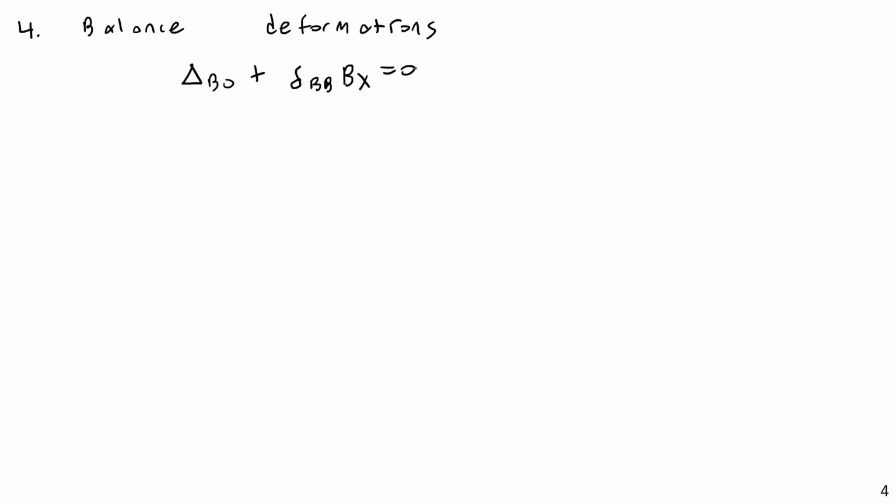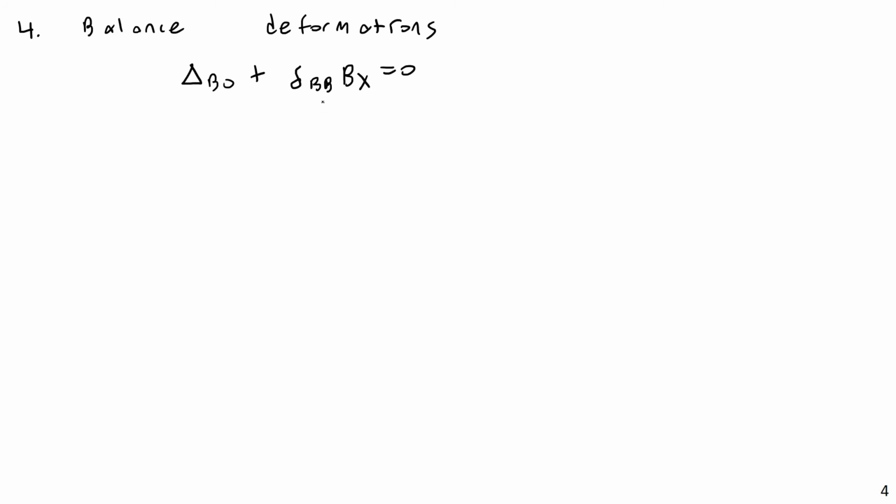And then step 4 is just going to be to balance deflections, or balance deformations. It could be done as simply as this. You might have delta B naught plus lowercase delta BB times BX, and all of this would equal 0. So again, delta B naught states how much the truss would move to the right if the horizontal restraint at B were removed.